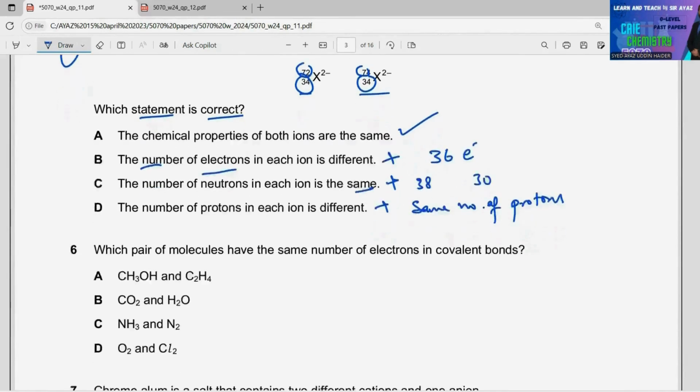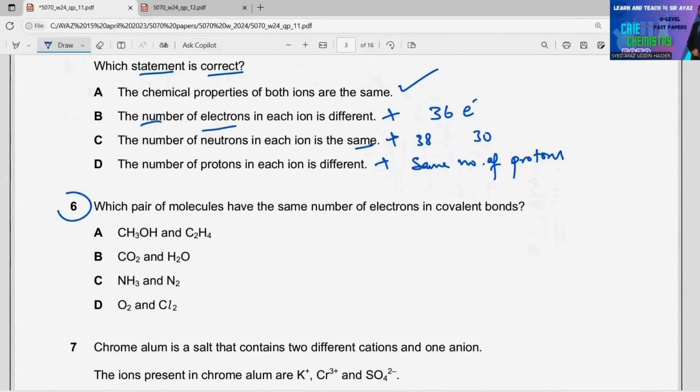Next MCQ, which is number 6. Which pair of molecules have the same number of electrons in covalent bonds? Now they are talking about the same number of electrons in covalent bonds. So for A, we have methanol and ethene. The displayed formula for methanol is this.